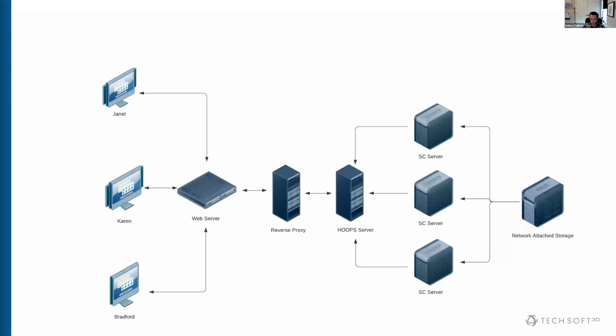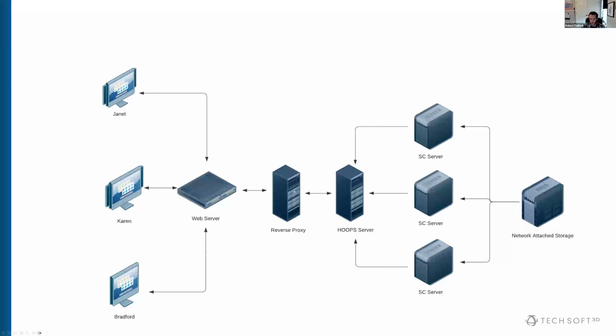When we think about security in the web, we think about limiting our ways into the back end, and generally speaking, keeping things on standard ports that we know are secured by tools that have been around for a long time. And so the way I would recommend doing that is you have your web server, your reverse proxy, and then all of this stuff on the right of the reverse proxy is behind the firewall and behind the reverse proxy and can only be accessed through the proxy.